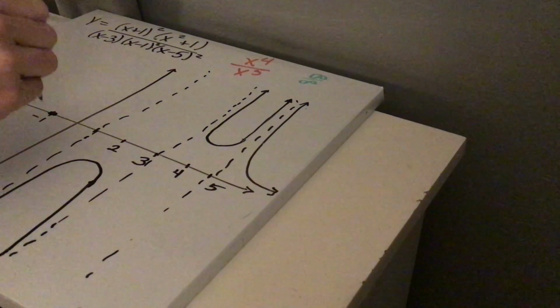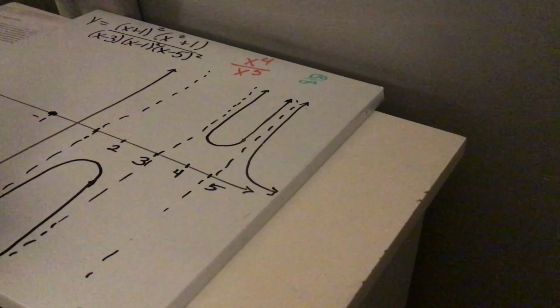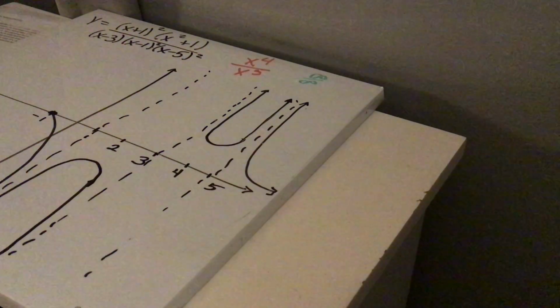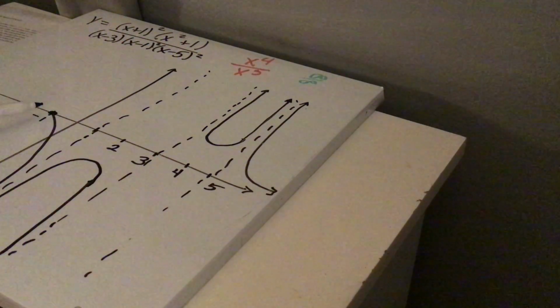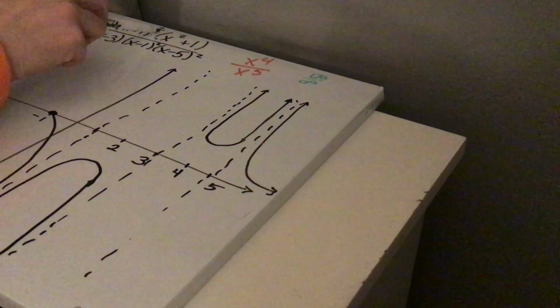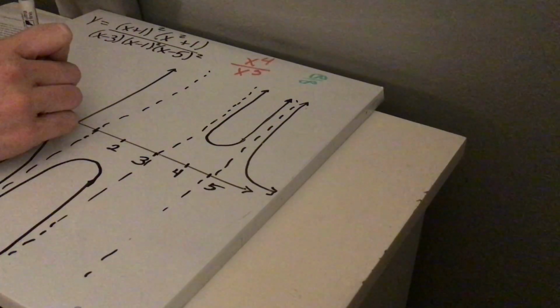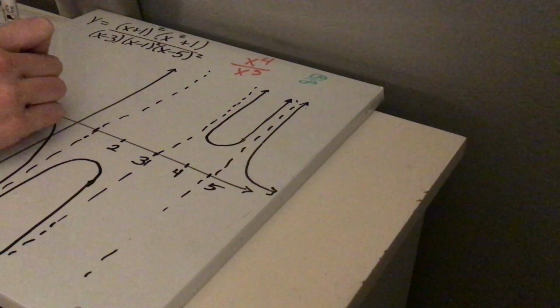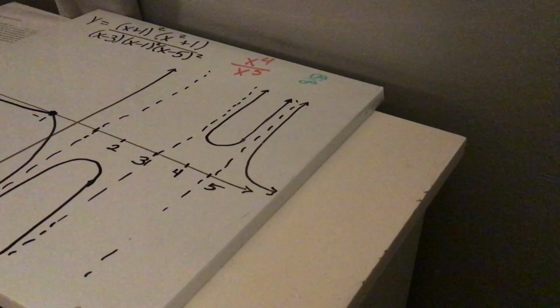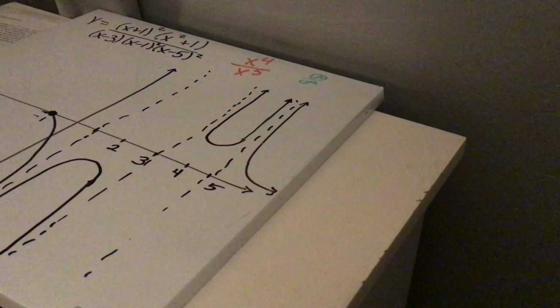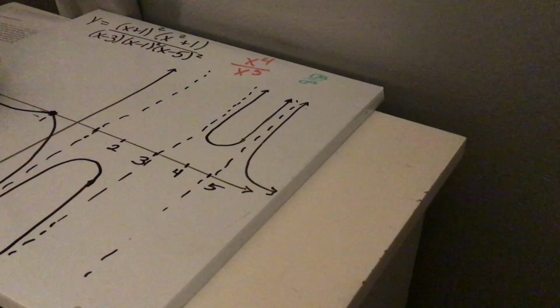This is different though, because I know I have a 0 here. So I'm going to come up eventually to -1, and then -1 is a 0, but it's a repeated power. And it's repeated an even number of times in my numerator. So it tells me I will touch the x-axis and then come back. It might even have more of a curve like this.